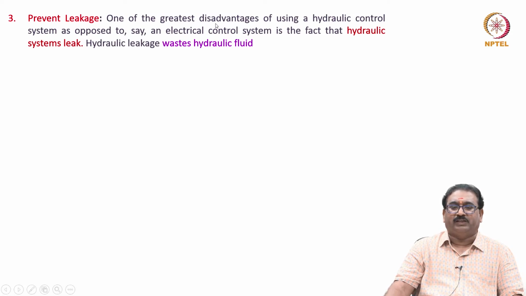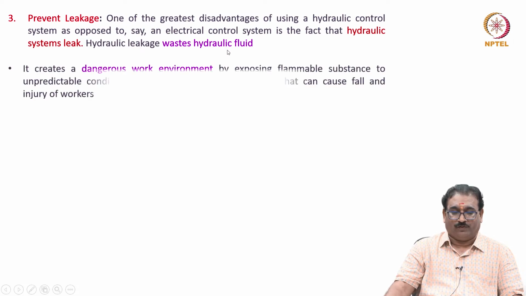Third one, prevent leakage. One of the greatest disadvantages of using a hydraulic control system as opposed to, say, an electric control system is the fact that hydraulic systems leak. Hydraulic leakage wastes hydraulic fluid.